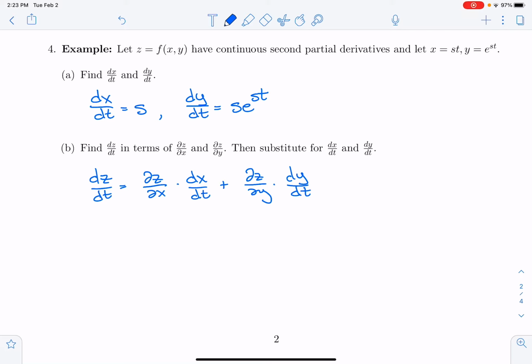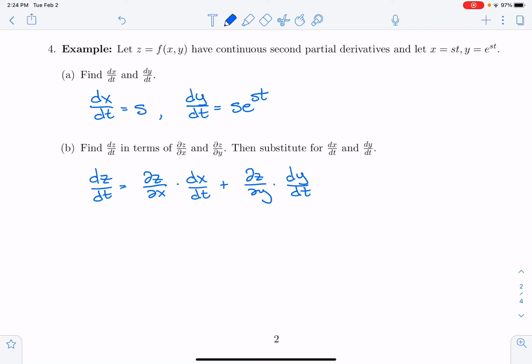Okay, and then I have partials of z with respect to x and y. Those are partial derivatives because z is a function of two variables, x and y. And then I have normal derivatives of x and y with respect to t because those are single variable functions. t is the only variable there.